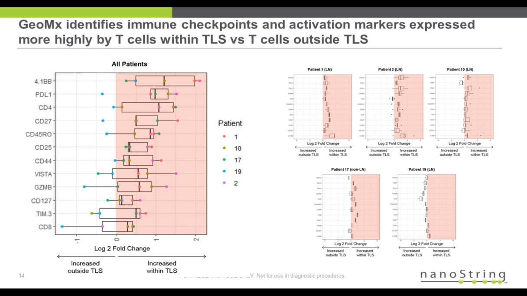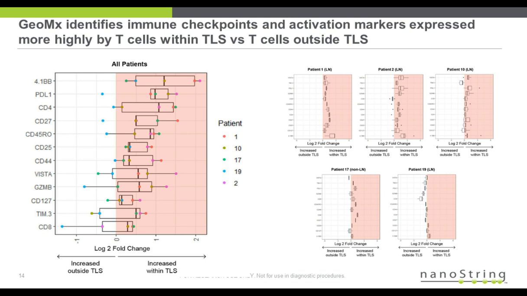And what we observed here was that in the T cell compartment, for T cells that were in the TLSs, they had higher expression of the activation markers and of checkpoint molecules than did T cells that were located externally to TLSs. So this is suggesting, as I described to you at the beginning, that actually, yes, the presence of T cells in these TLSs is promoting their maturation, is promoting their differentiation.